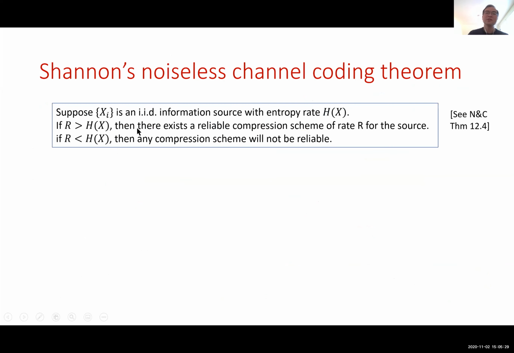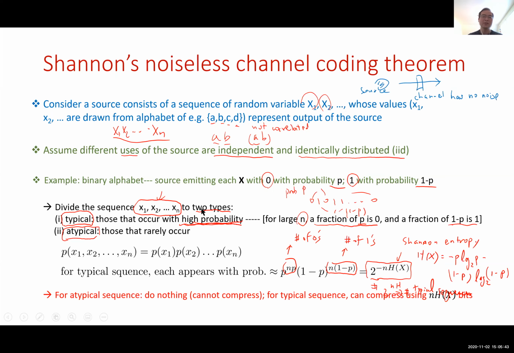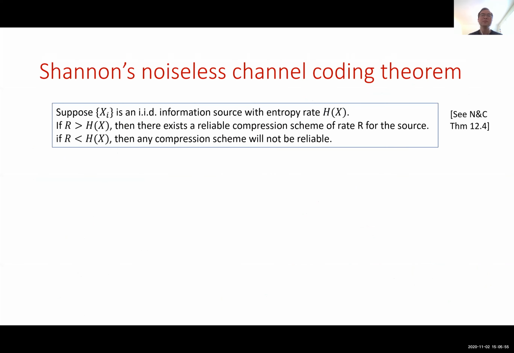So this is Shannon's noiseless channel coding theorem. I don't want to prove it rigorously, but I already gave enough intuition. This goes beyond the binary case. Here we are assuming the binary case, and we naturally lead to this. So this is the binary case of the Shannon noiseless channel coding theorem.